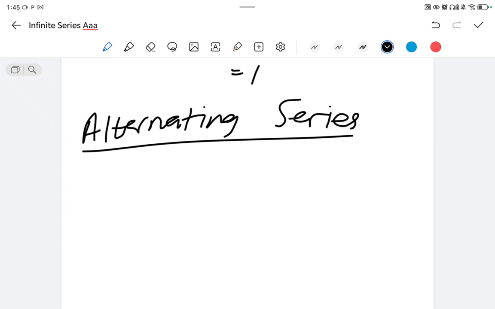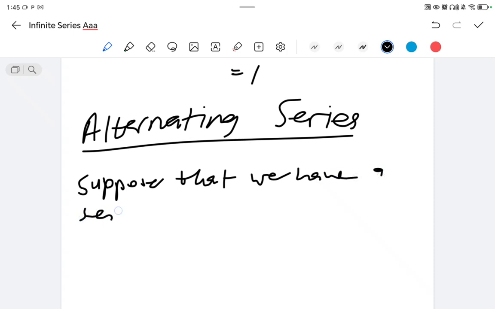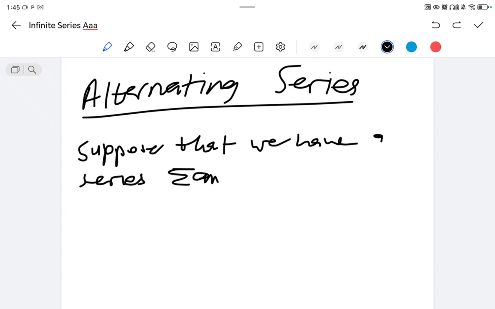Now when we come to alternating series, let's suppose that we have a series, the summation of an, and this an should be greater than or equal to 0.